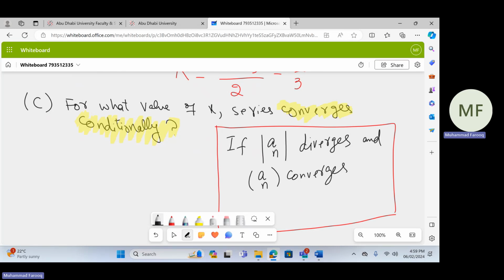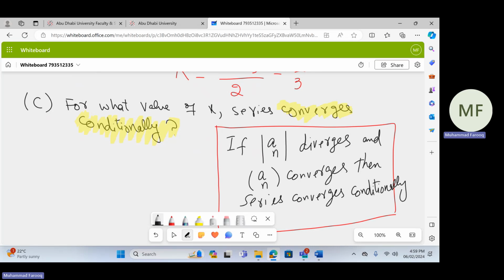This is called conditionally converge. So basically, you have to check these two things.